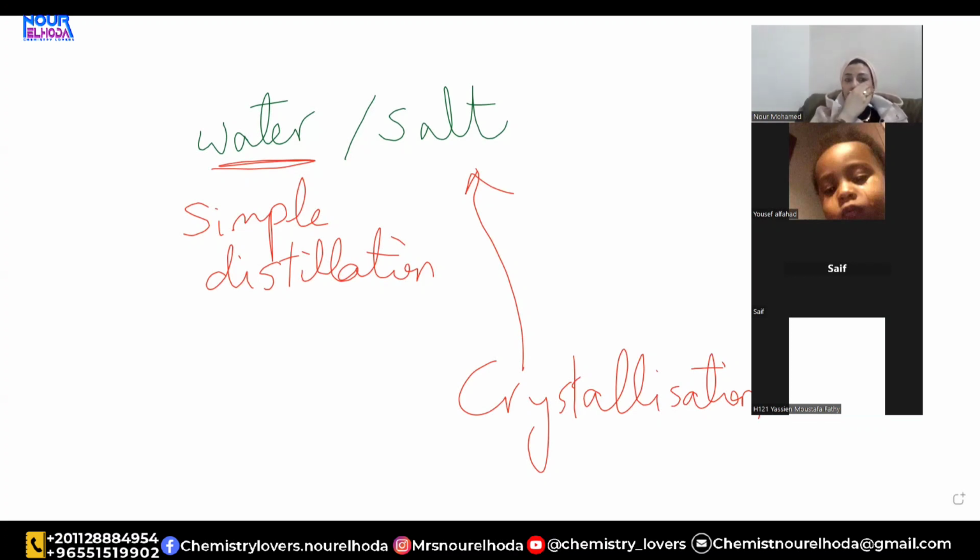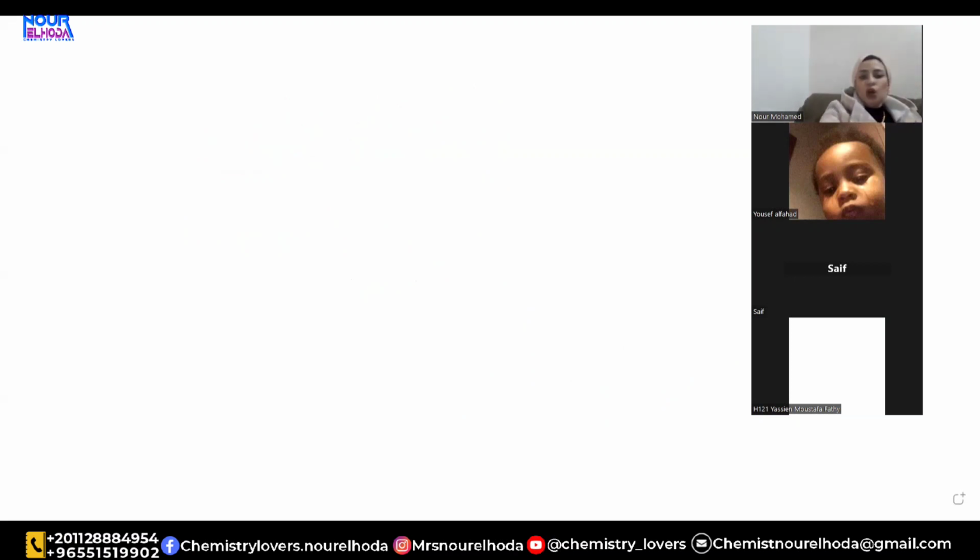So this is when I use simple distillation. For the ones who are asking when do I use fractional distillation: I use fractional distillation when I have water and ethanol, not water and salt. If I have water with ethanol, you can use fractional distillation.